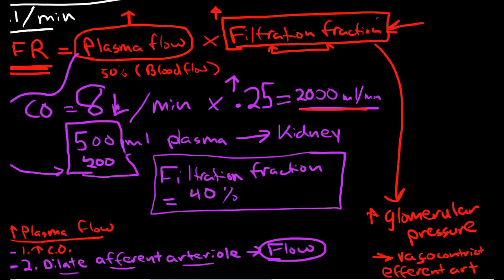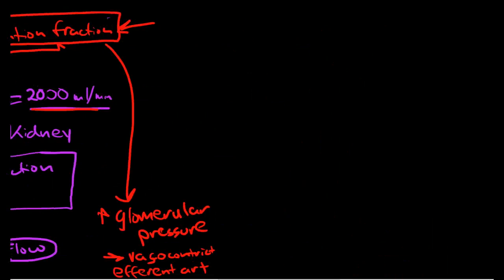But the other factor that you need to consider is the amount of proteins, the amount of colloid or oncotic pressure that is tending to pull fluid back into, down its concentration gradient back into the glomerular capillaries, because remember, there's more proteins in the capillaries. So let me just draw you a picture here.